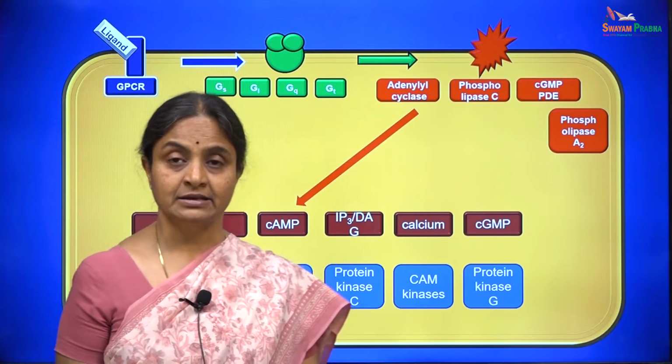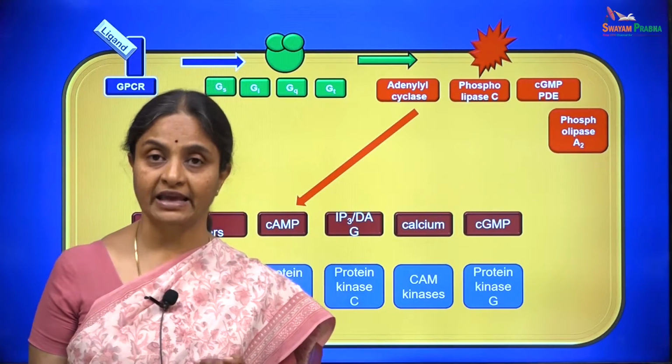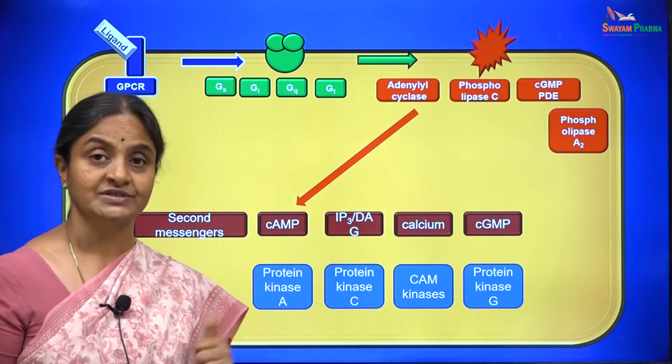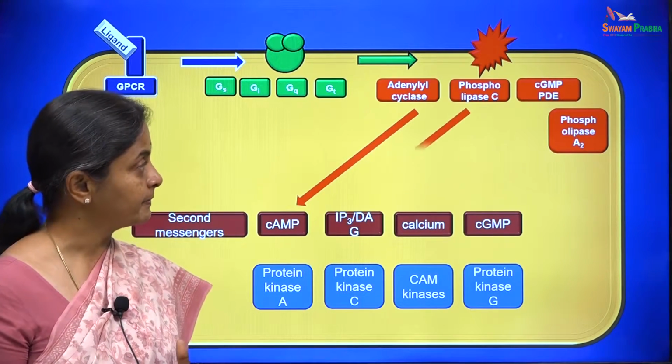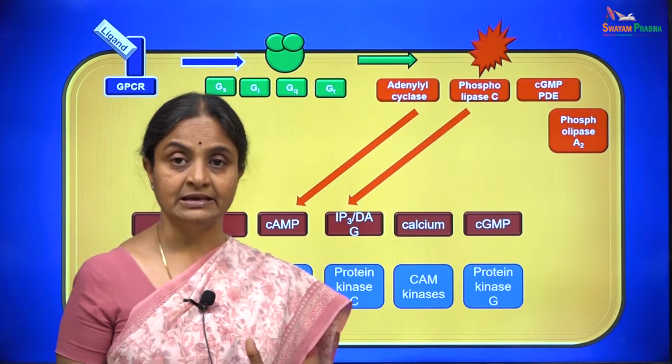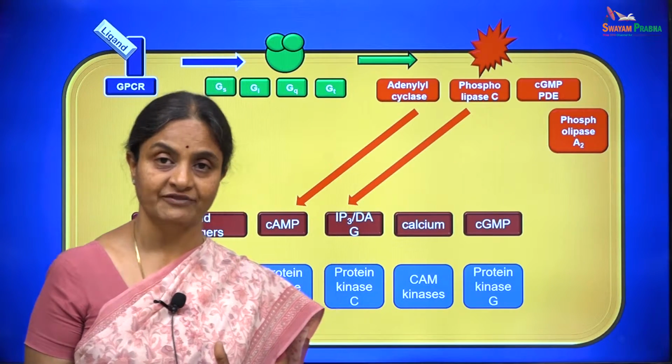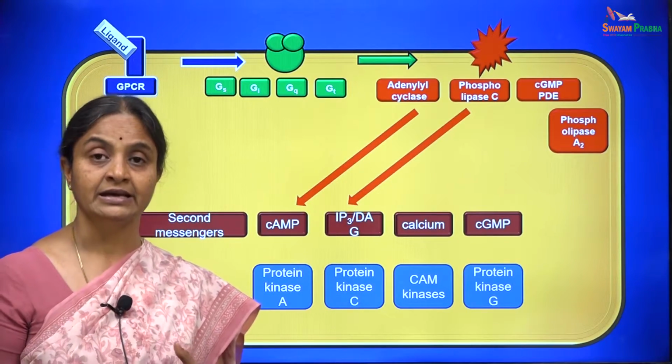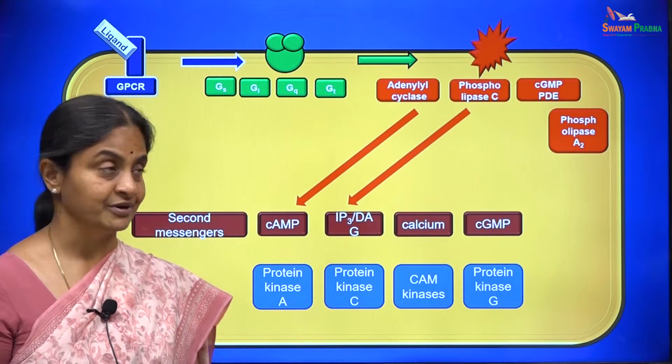We will now see how these enzymes map on to the second messengers. Adenylyl cyclase converts ATP to cyclic AMP and increases the concentration of cyclic AMP within the cell. Phospholipase C increases the levels of inositol triphosphate in the cytoplasm and diacylglycerol in the membrane.